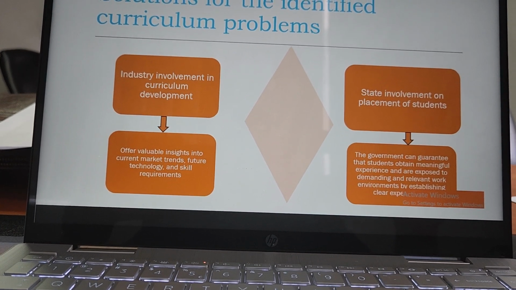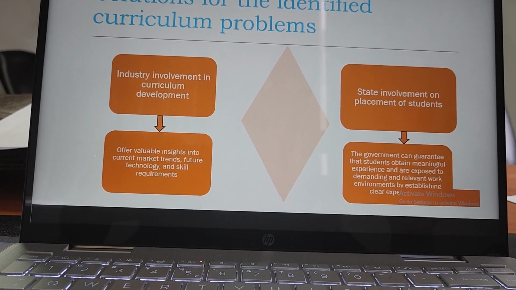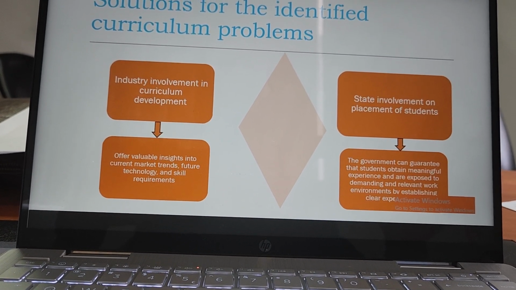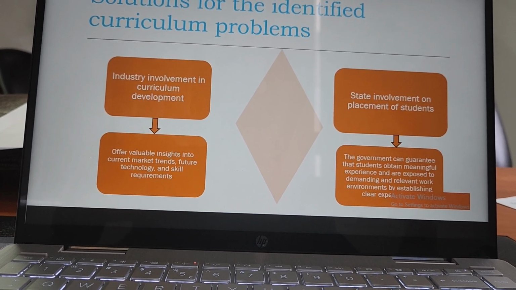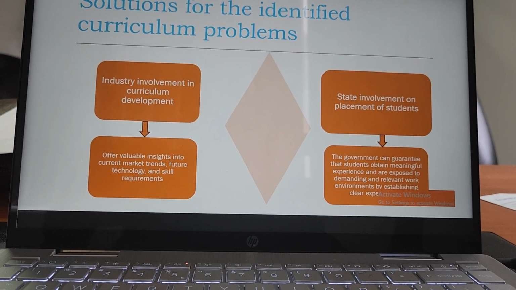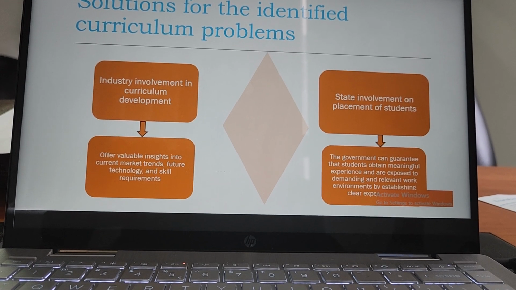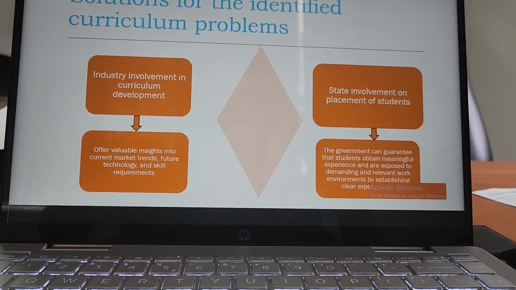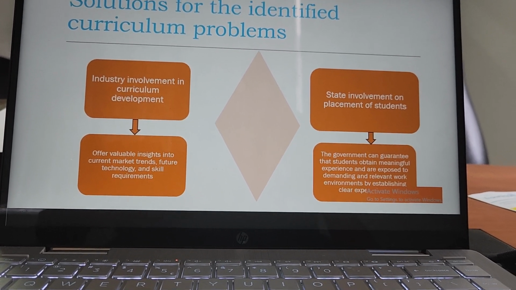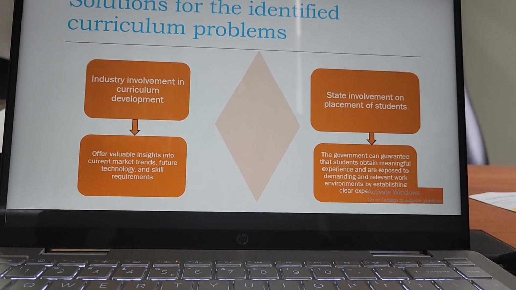Now, solutions for the identified problems. I've selected 2 solutions for the identified problems and how we should work on them. Number 1, industry involvement in curriculum development. That's solution number 1. Now, they offer valuable insight into current market trends, future technologies, and skills that are required.